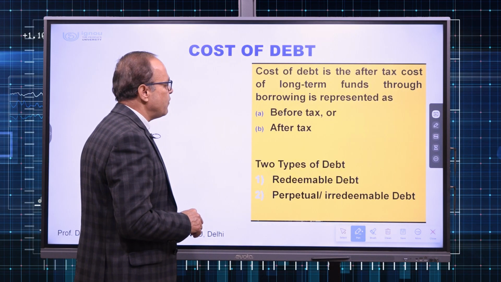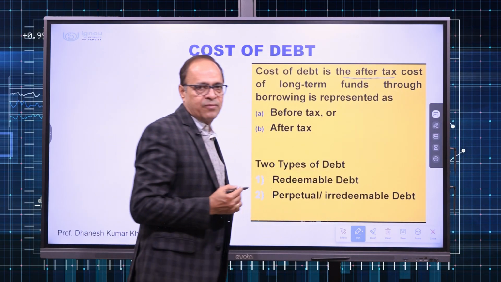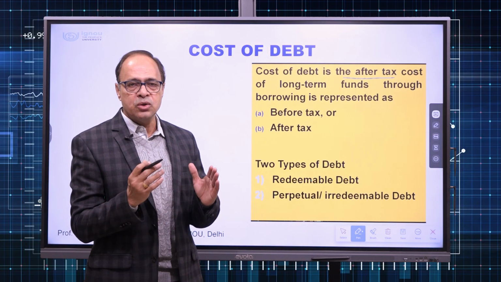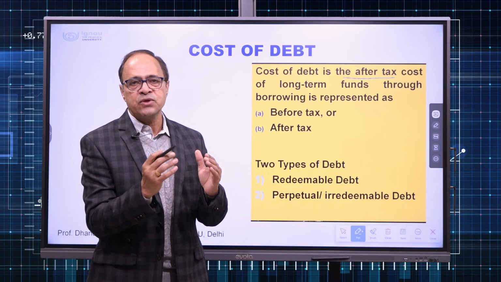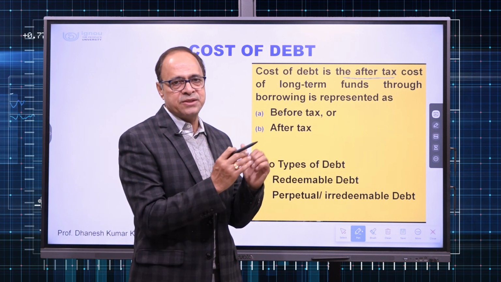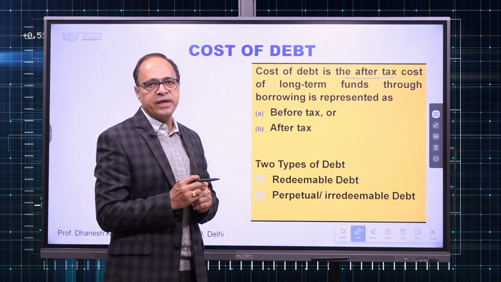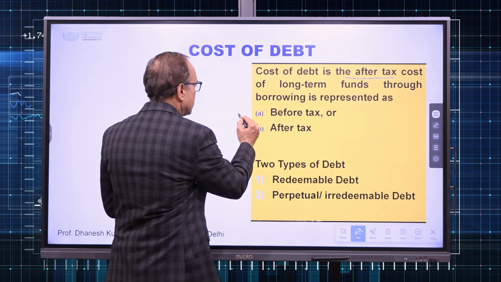Now, what is the meaning of after-tax cost? That means if a company has taken a loan, the interest paid on the loan qualifies for the tax exemption, or it is called a tax deductible expense. Therefore, when we will be calculating the cost of loan or debt, we will always have two terms.